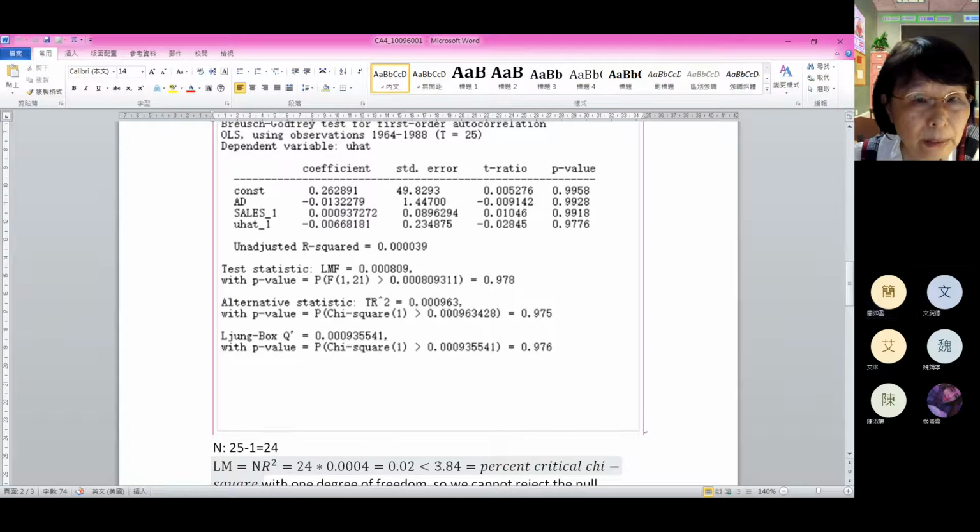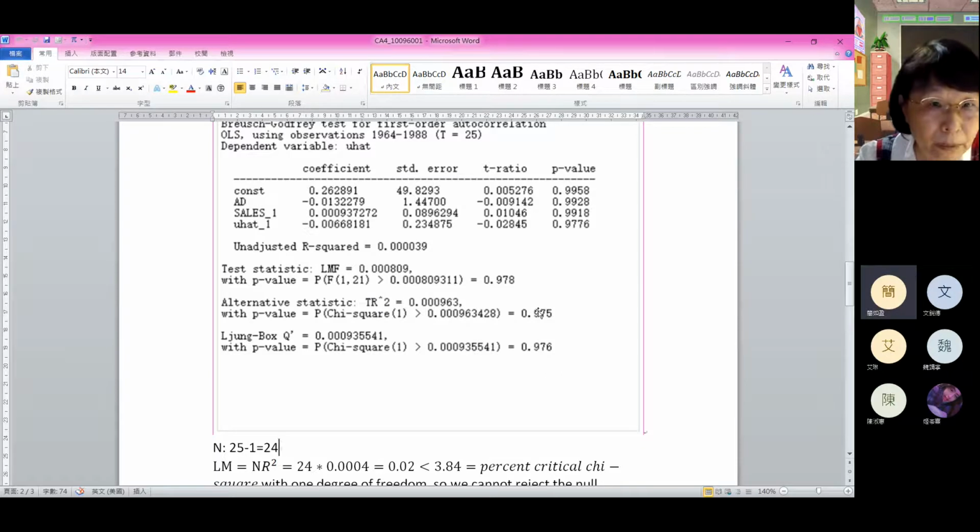How do we know that? Did you see in the middle part, okay? In the middle part, TR squared is equal to 0.000963. Did you see the numbers, Linda? Yes. Okay, this is already using 25 times the R squared.